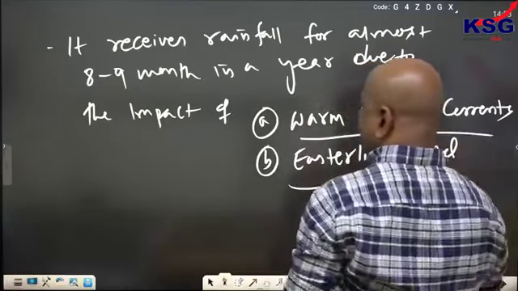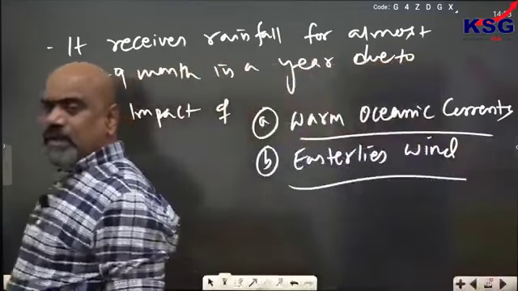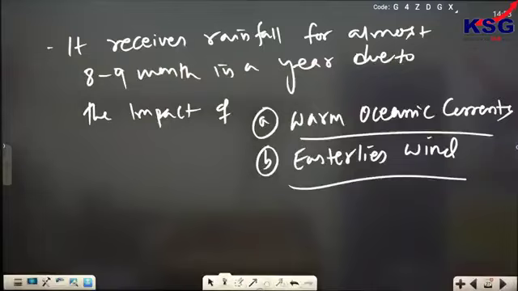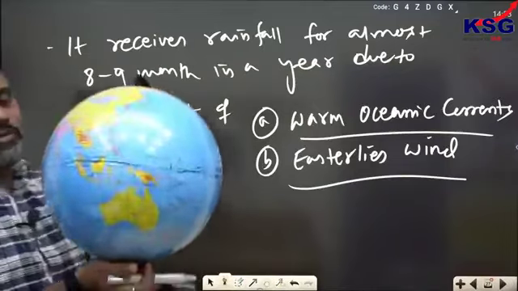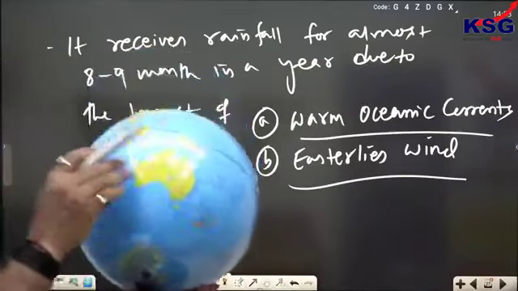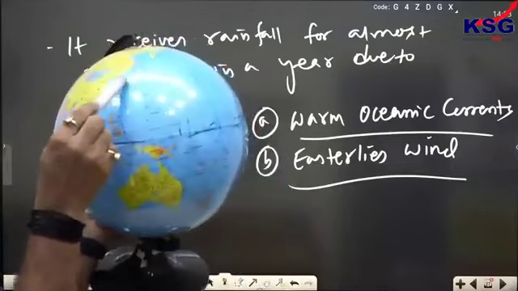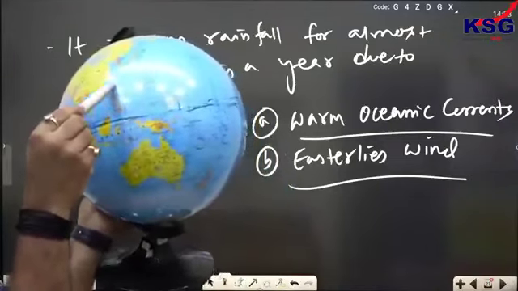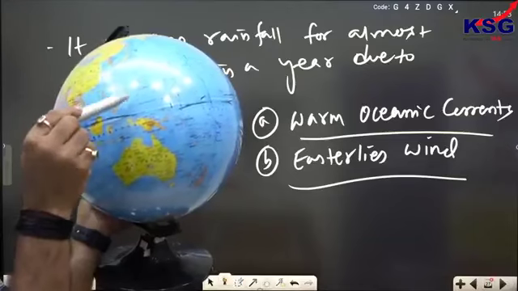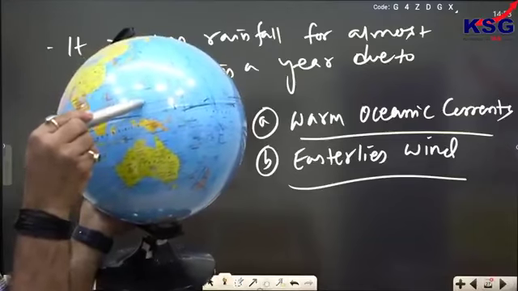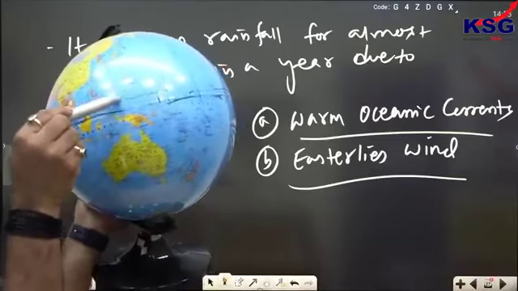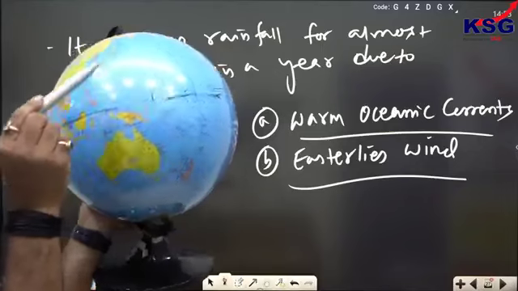Let us see how it is. Wherever you look in the world, I can show you on this map. China type of climate, here in China it is more. If you look at your ocean current map, you will find the Kuroshio current. Kuroshio warm current is there.